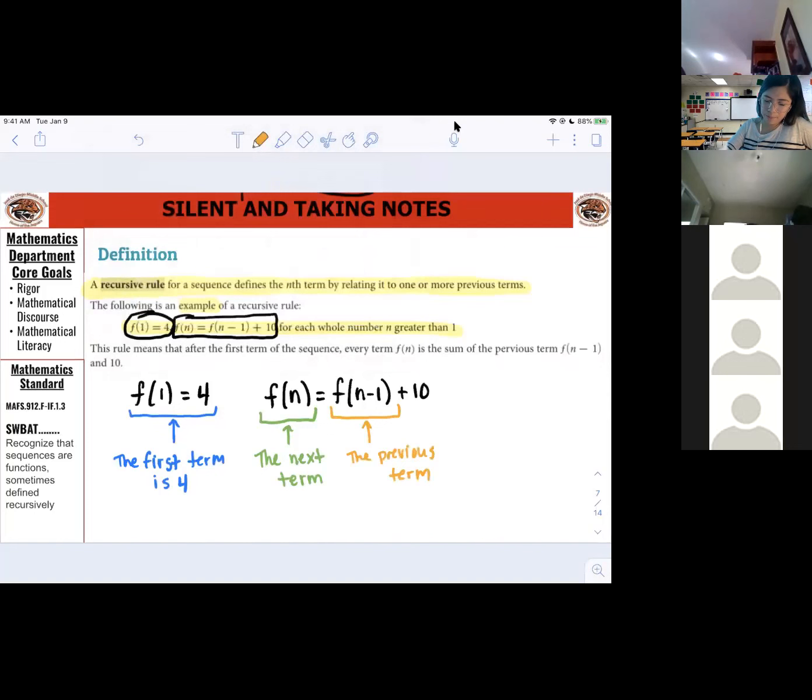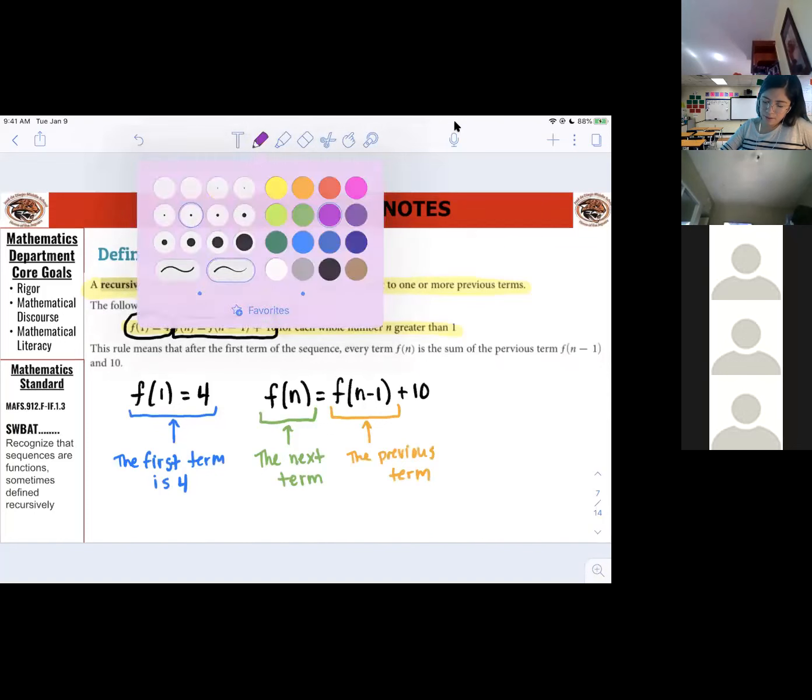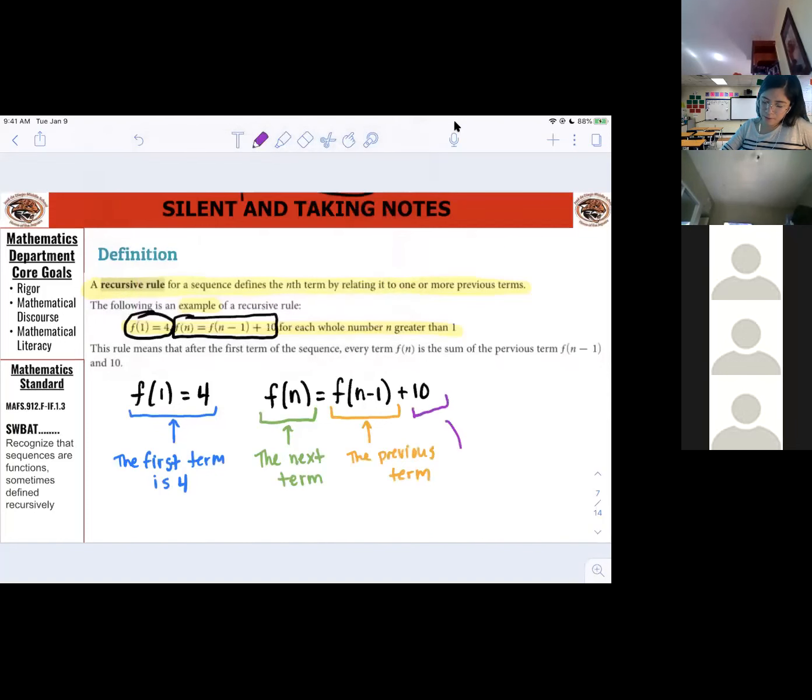And what do I do to that previous term? I'm going to add 10. So this is telling me the pattern that the numbers are going by. It's saying, if you want to know the next number, you look back to the previous number and add 10 to get the next number.